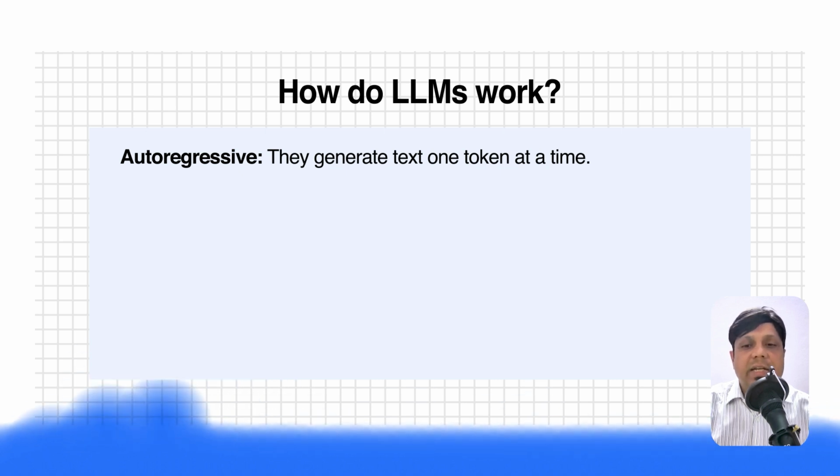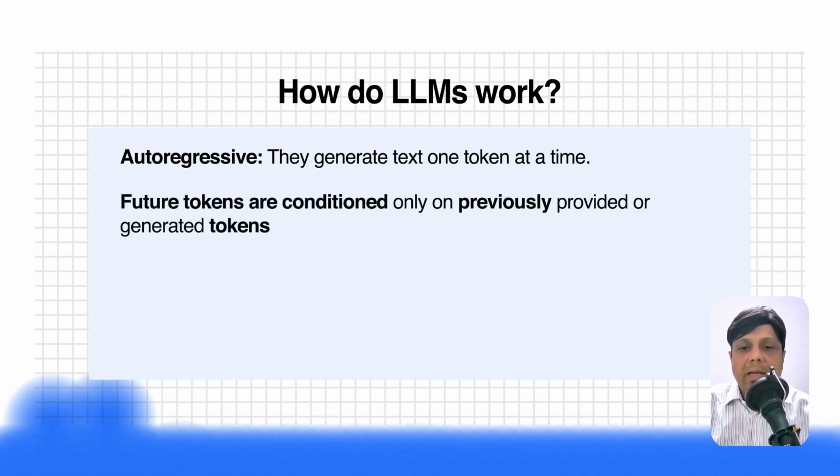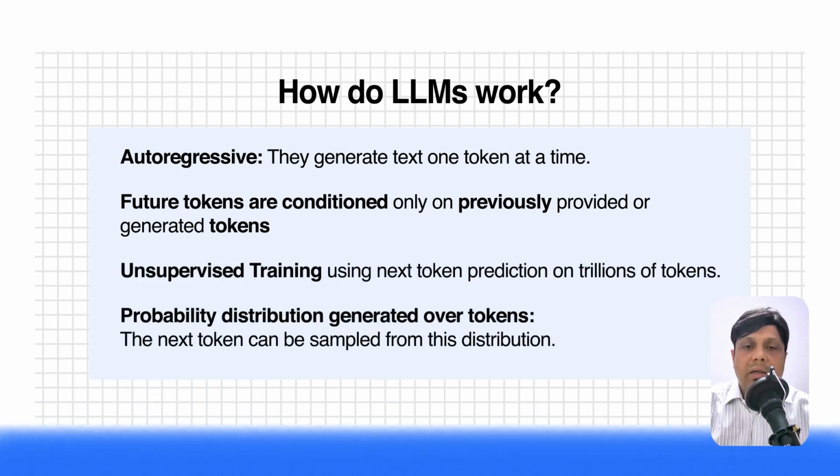Basically, they generate text one token at a time. Future tokens are conditioned only on previously provided or generated tokens, and unsupervised training was done using next token prediction on trillions of tokens. So that's how LLMs work.